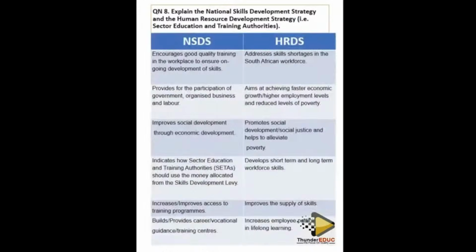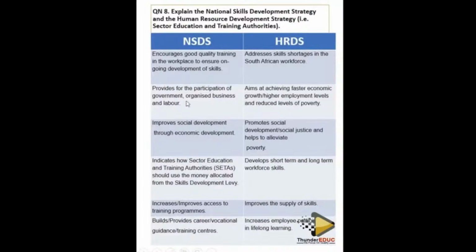Now we are going to explain the National Skills Development Strategy and the Human Resource Development Strategy. They are more or less the same, so we are going to compare how they differ. The skills development strategy encourages good quality training, while the other addresses skills shortages in South Africa.